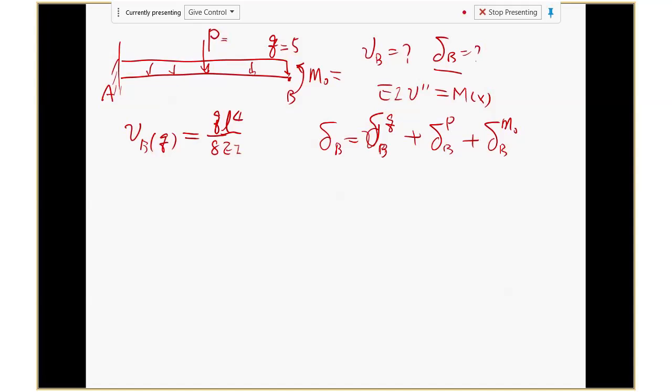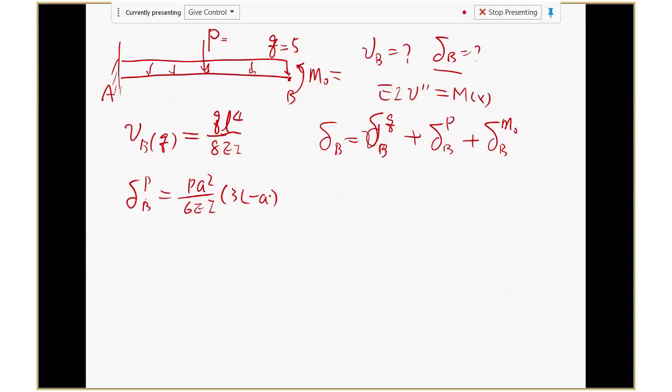You want to find delta B. If you tell me delta B, I don't care about the other things, but otherwise I'd have to know other things to calculate it. In this case, they give you delta B. So it will be Pa squared over 6EI, times (3L minus a). I'll copy this down: delta B from P is Pa squared over 6EI, times (3L minus a). That's the one.